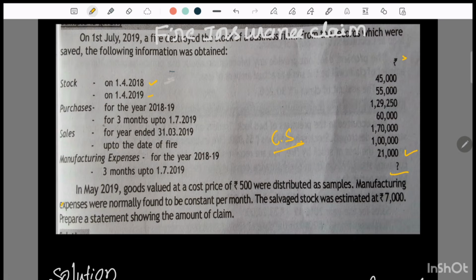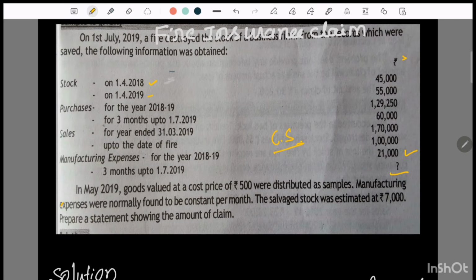See, 1st April 2019 is the opening stock date. So that means on 1st July 2019, April, May, June, July, 3 months. In the span of 3 months, the fire accident has happened.